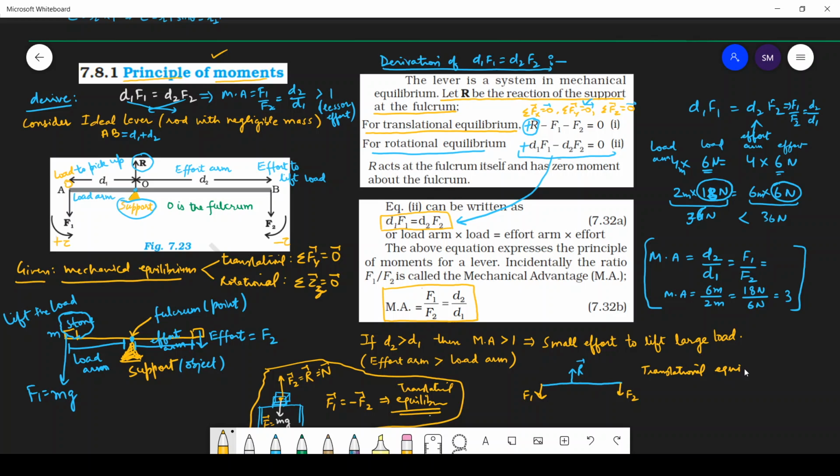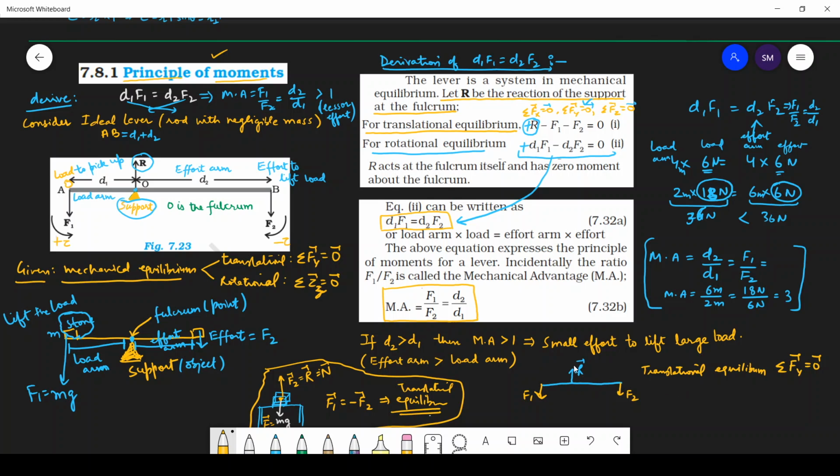Translational equilibrium means the forces are only along the y direction. There is no force along the x-axis or the z-axis, so they are already 0. So sigma Fy is equal to 0. What is sigma Fy? Add all the forces.